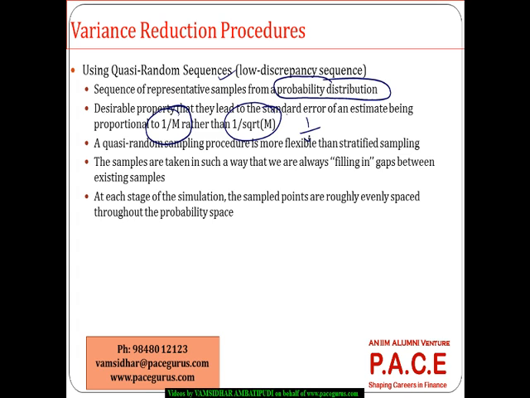Which means with a smaller number of observations, I can reduce the interval quite drastically. So it's much more flexible than the stratified, and this is one mechanism which is very much used in the industry to reduce the computation time in a Monte Carlo simulation, right?